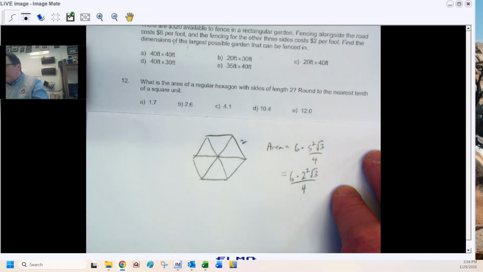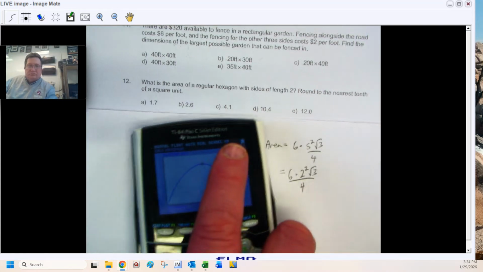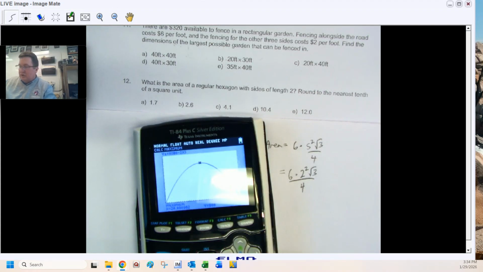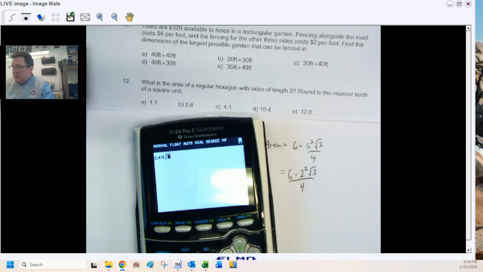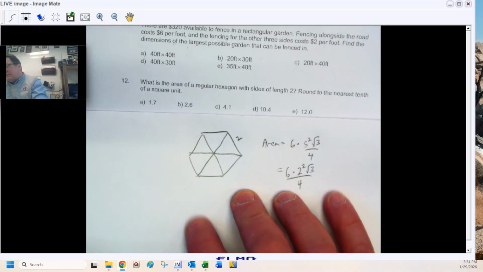If you plug that in on your calculator, the answer is 6 root 3, right? So that's 10.4.